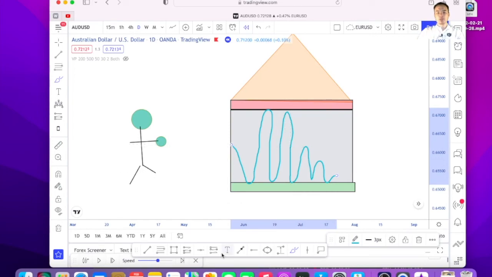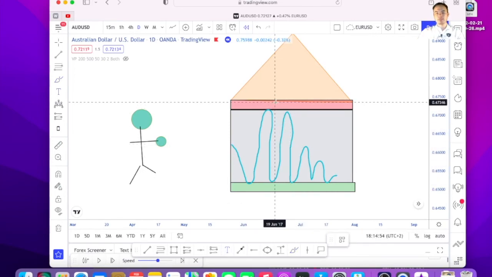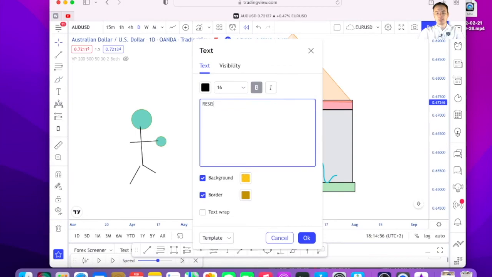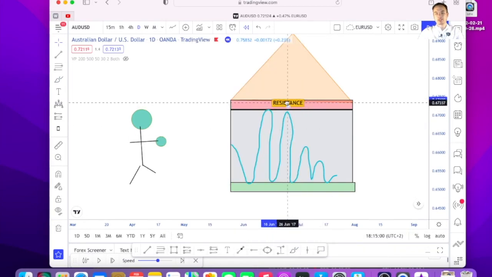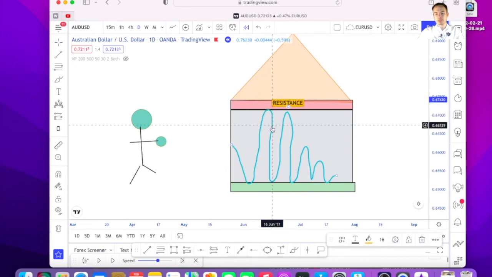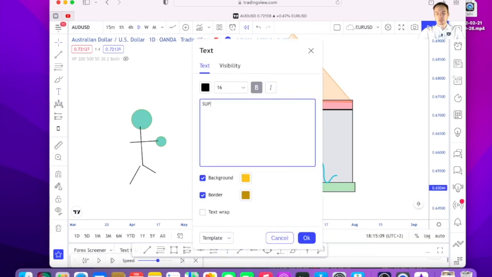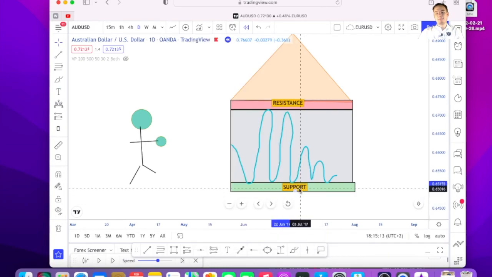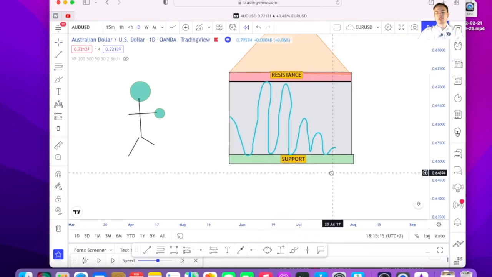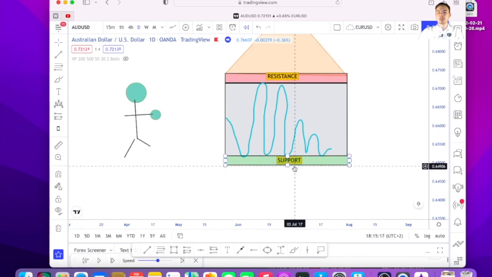So your ceiling is basically resistance. That's resistance. Can you see how price gets resisted away? Your floor is your support. So that's basically how support and resistance works.